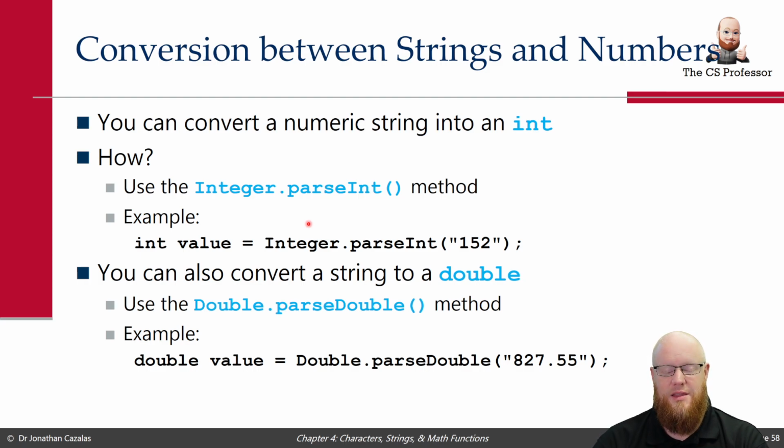Java gives us Integer.parseInt and Double.parseDouble to convert a string into a number. So given this number 152, I can use this parseInt method, which is inside the Integer class, to parse out of that string this int value.